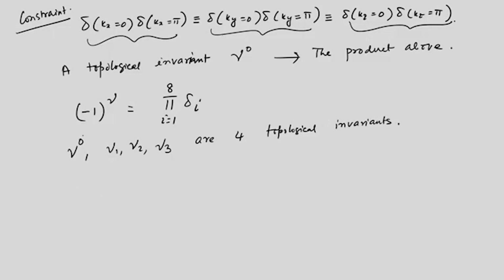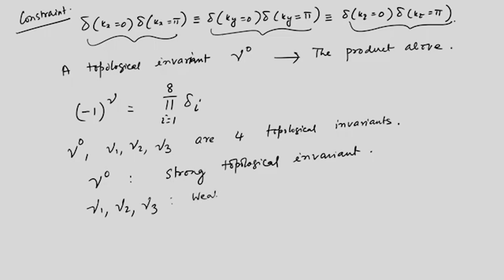Now, this nu 0 is called the strong topological invariant, and nu 1, nu 2, nu 3 are called the weak topological invariants.